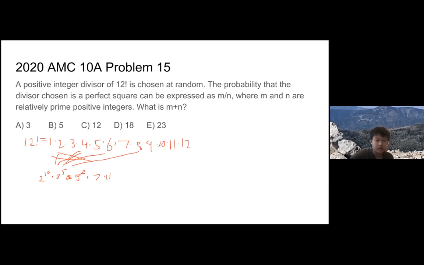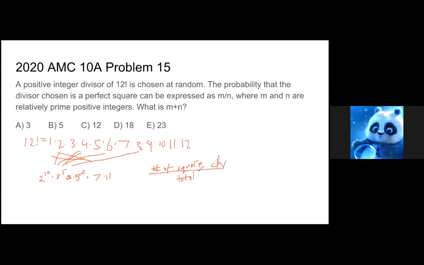So first of all, the way you want to write this probability, that's just number of square divisors over number of total divisors. We can find the number of squares we can make with these numbers.